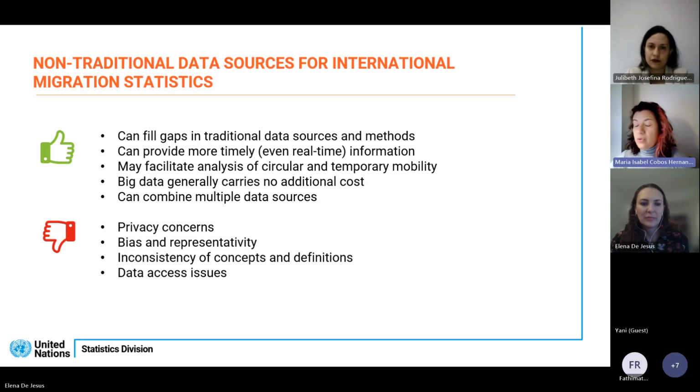What we can do with the registers is complement and benchmark each other. Julibet is going to explain how they did it in Chile, but the methodology that we are recommending is that we use the census for the stocks and the admin registers for the flows, and we can add or subtract the people that go out or come in, so that you end up with another stock at a later point in time.